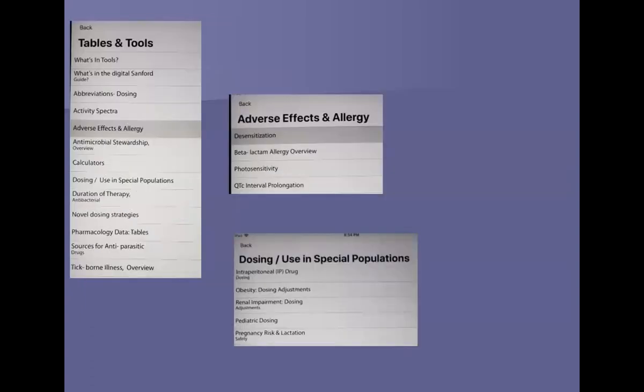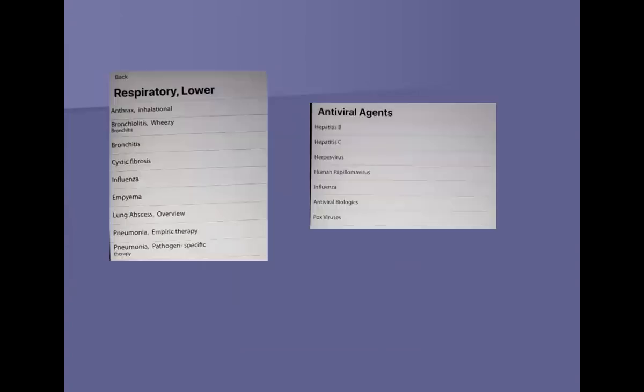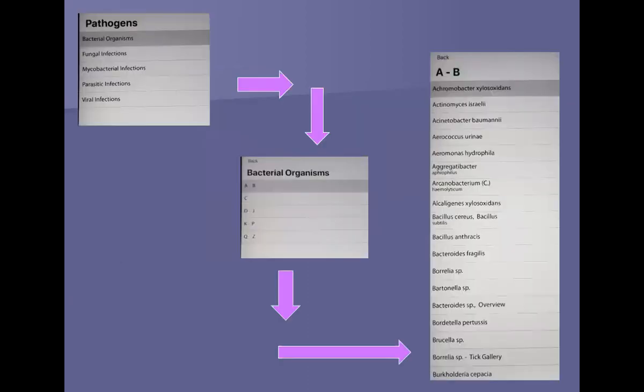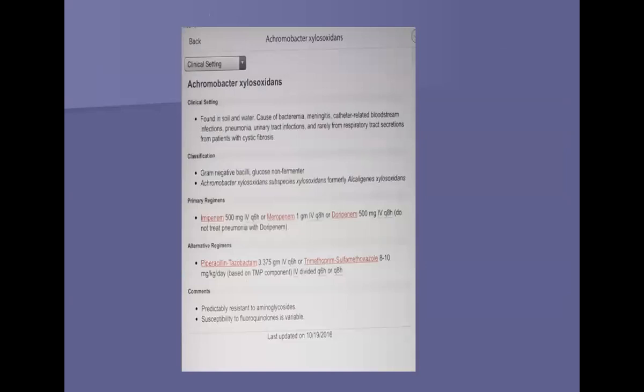They have adverse effects, desensitization, and antiviral agents that are available. It tells you, for Achromobacter xylosoxidans, how to treat it, what the regimens are, and how to dose them. It even has how to dose drugs based on creatinine clearance.